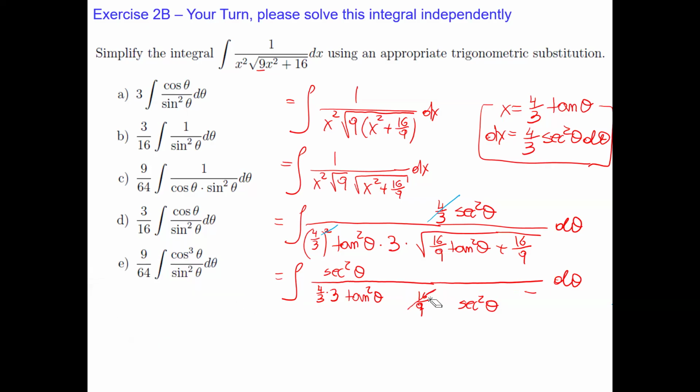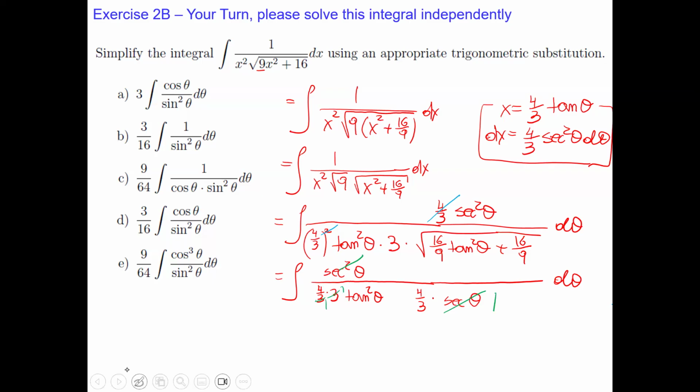So let me rewrite this. It will be nice. 4/3, and square root of secant squared is just secant theta. Okay, it means now we can cancel that secant and this one. We can cancel this one.